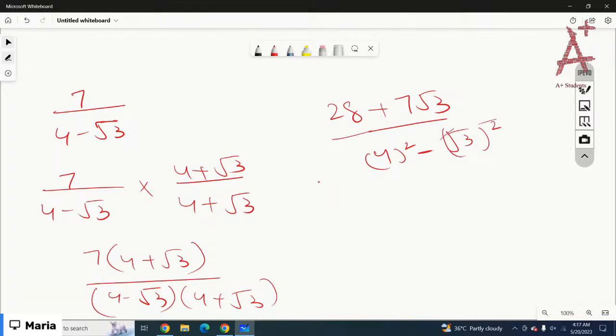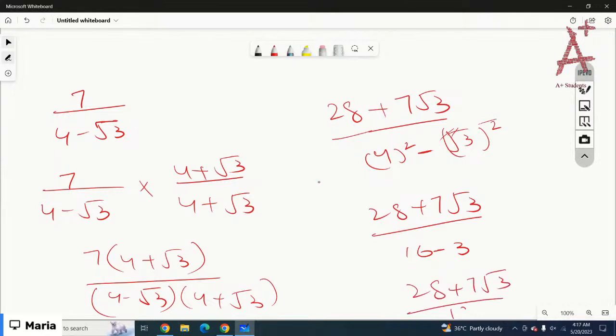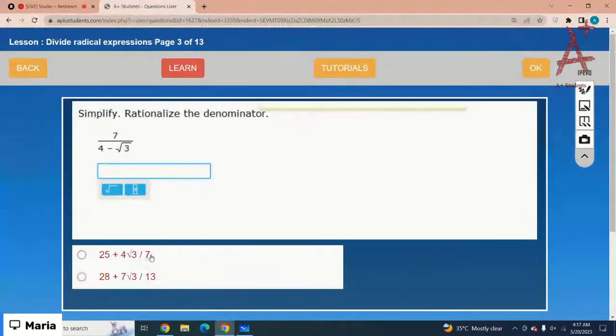The square and square root cancel out. So you are left with 28 plus 7 square root 3 and 16 minus 3, which is 13. So that means the correct option is 28 plus 7 square root 3 over 13. The second option is the correct one.